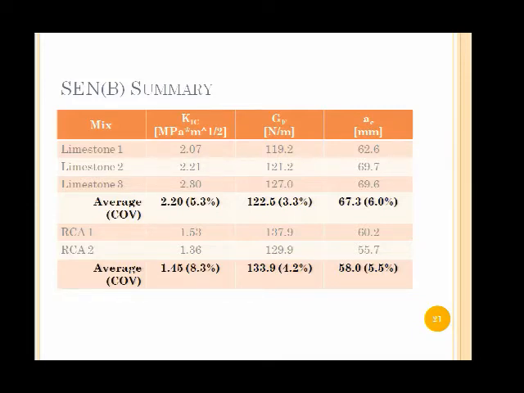The GF is essentially the total fracture energy, which is how much energy it takes per unit length to continue that crack growing. So K1 gives you the point at which a crack initiates. The G sub F gives you the value of how much it takes to continue that crack.